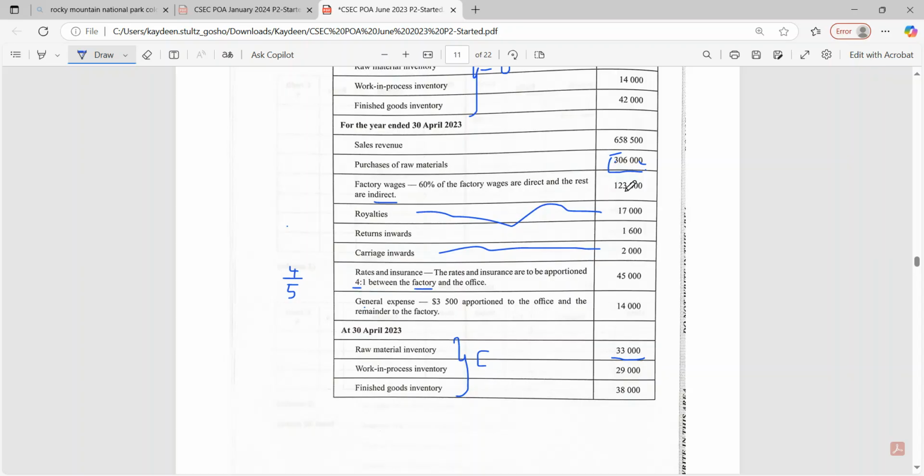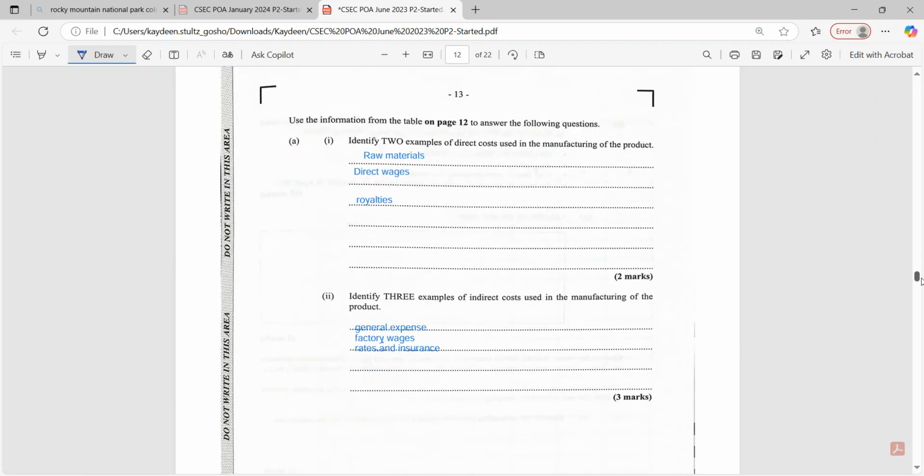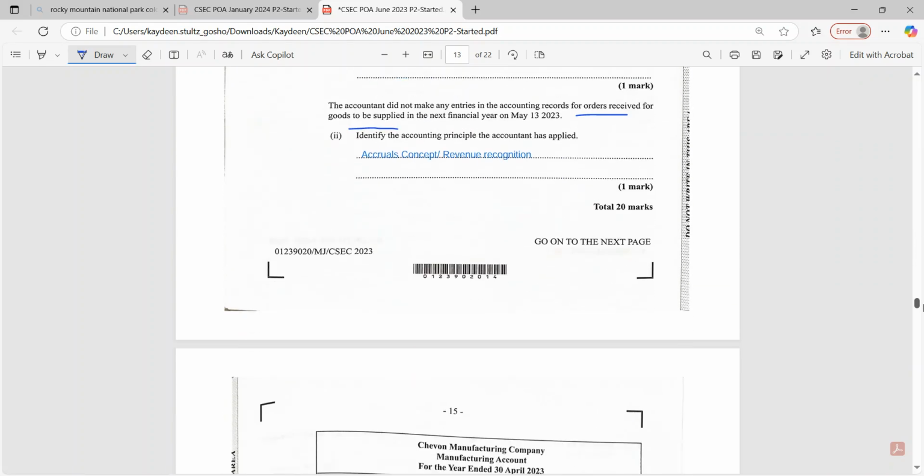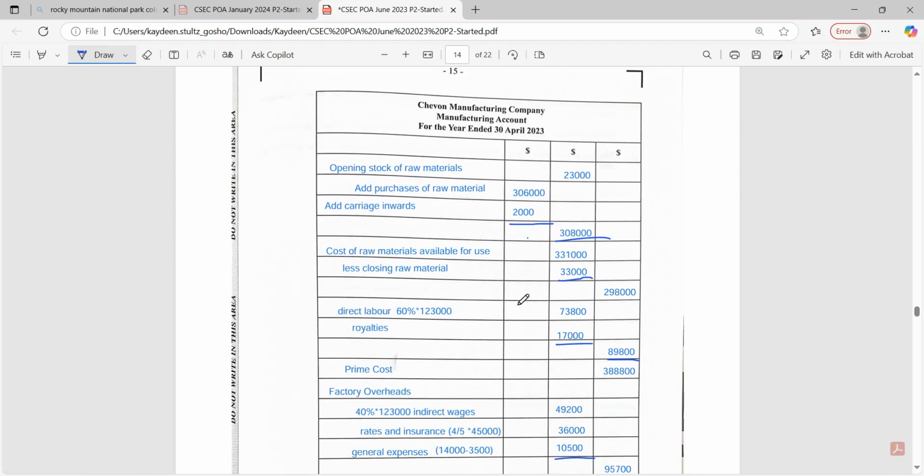So we're going to find 60% of 123,000. So go ahead and put that in your calculator. 123,000 multiplied by 60%. All right, so 60% of 123,000 is 73,800, and we said that royalties is 17,000.